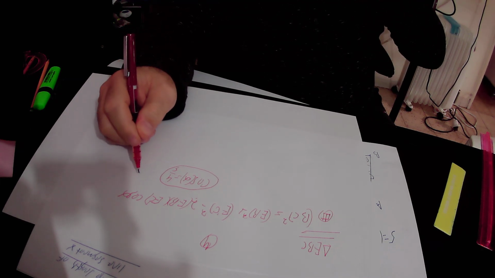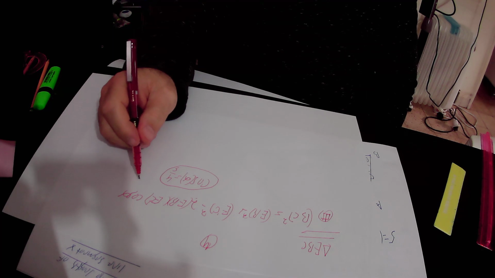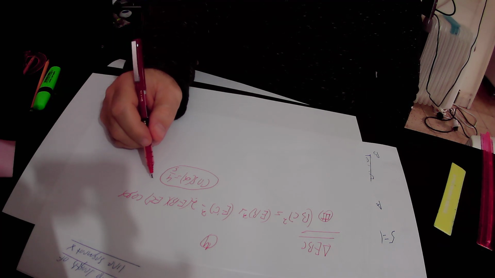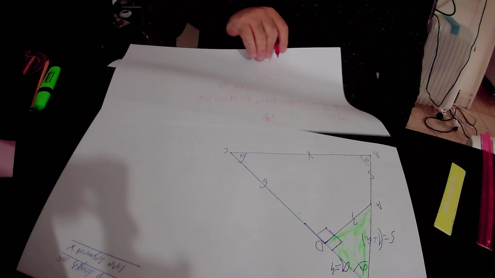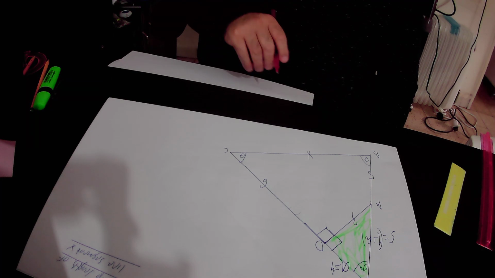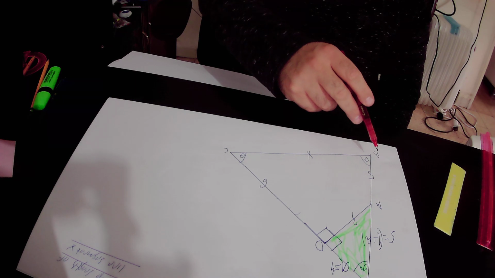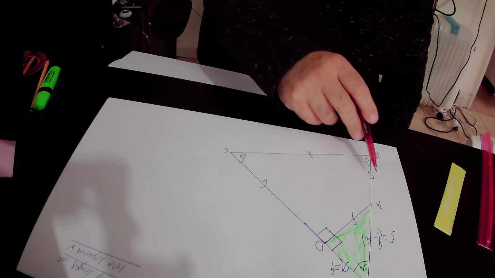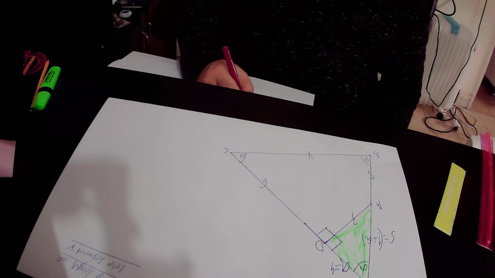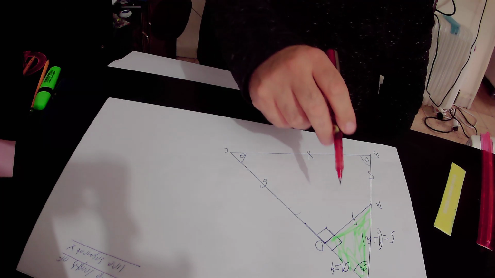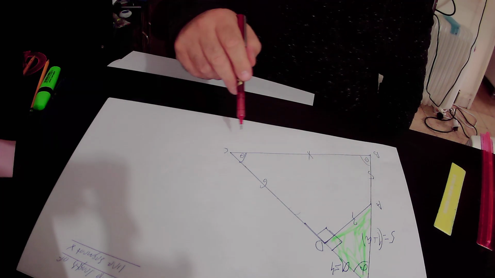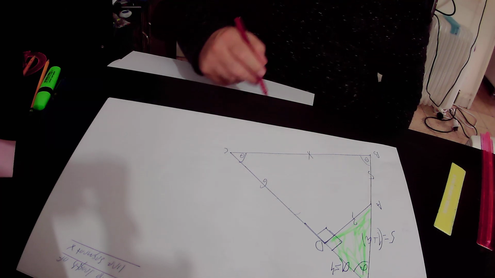So we substitute cosine alpha in equation number 3 by 4 over 5. Here, side EB of triangle ABC equals 5 plus 5, that is 10. And side EC equals 4 plus 6, that is also 10.